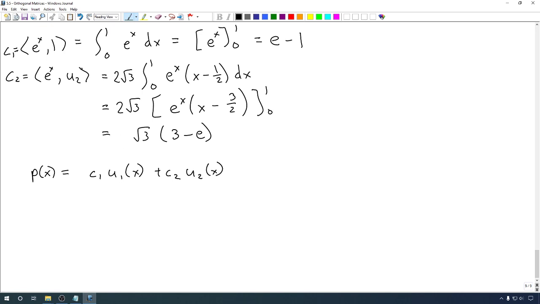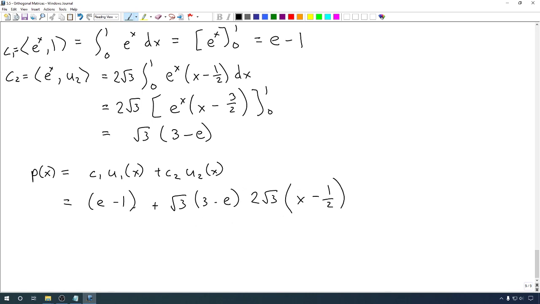Remember, u1 is just 1, so we have here e minus 1 as our first part. But then we're going to add that to c2, the square root of 3 times 3 minus e, times u2. And u2, remember, is 2 square root 3 times x minus 1 half.